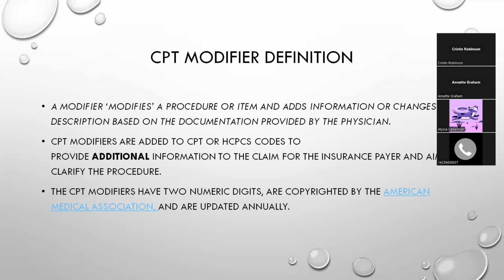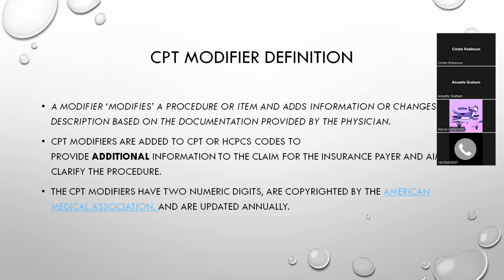CPT modifiers have two numeric digits, and they are copyrighted by the American Medical Association and are updated annually. The American Medical Association, if you're not familiar, is who creates all the material for our CPT books.